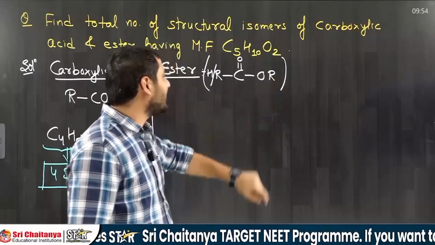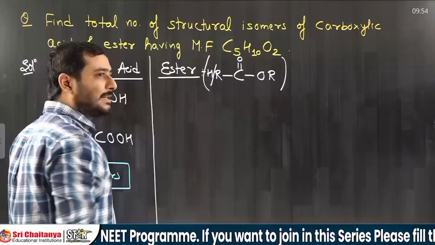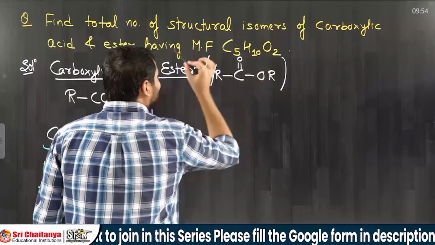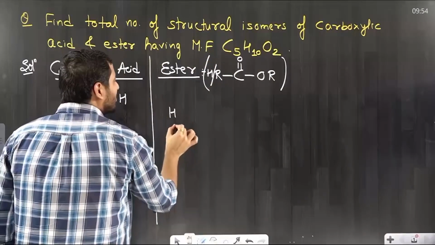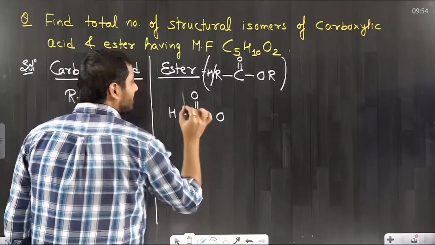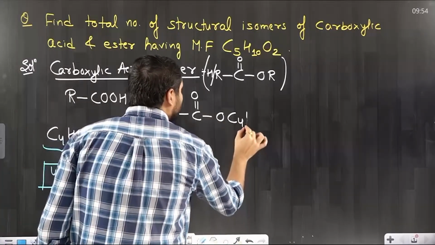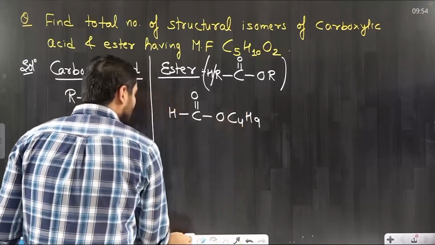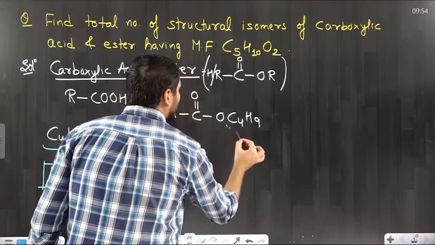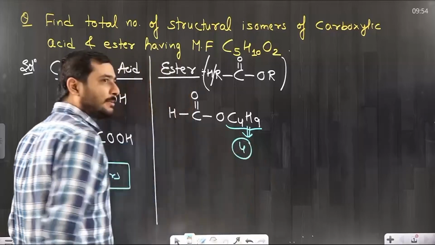We cannot write hydrogen, because if you write hydrogen here, it will be converted to carboxylic acid. That is not the ester functional group. So if we have to write for C5, let us first start with hydrogen on this side, because the smallest can be hydrogen. C double bond O, oxygen. Now one carbon is involved, so how many carbon are remaining? 4. C4H9. And for C4H9, how many isomers are possible? 4 structural isomers are possible.